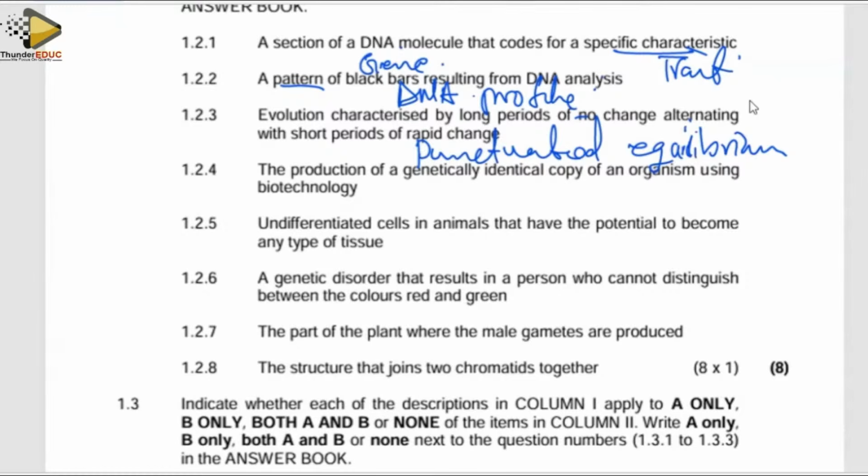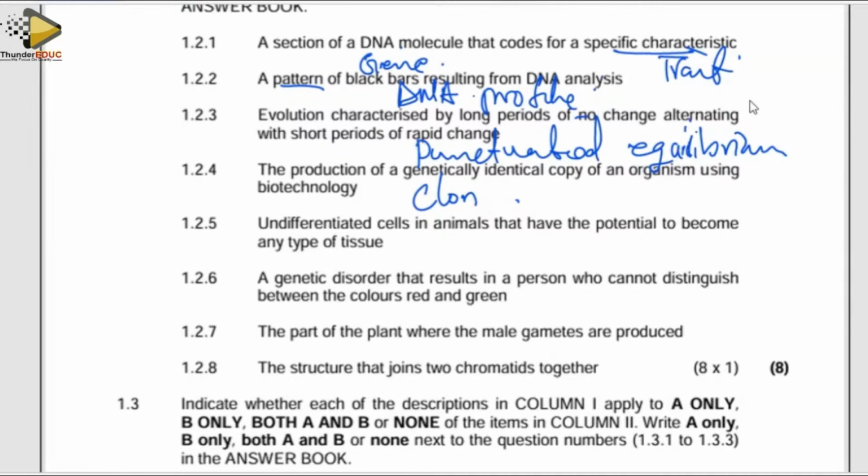Yes, punctuated equilibrium. Okay, they're saying the production of genetically identical copies of organisms, how do you call that? Like you are exactly the same. In science, you call it a clone. You are a clone. So the process is going to be cloning.